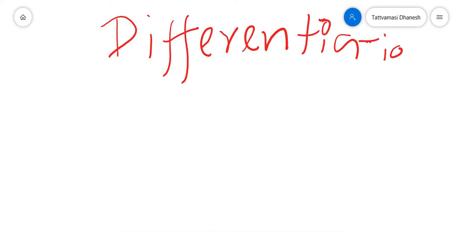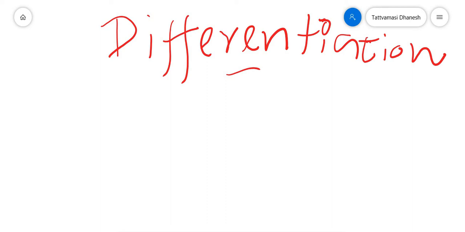What is differentiation? We already discussed. When we talked about velocity, we are differentiating displacement using time, with respect to time.